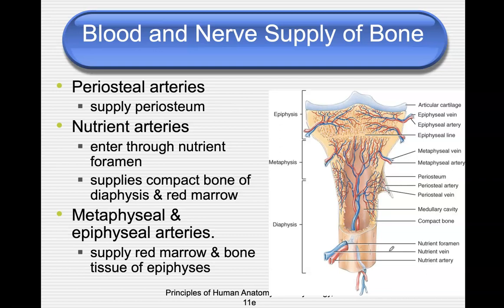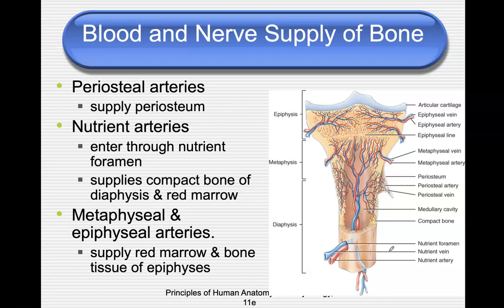Remember that dense regular connective tissue really isn't very vascular, and it takes quite a long time to heal. So believe it or not, oftentimes a minor break actually heals faster than a sprain.